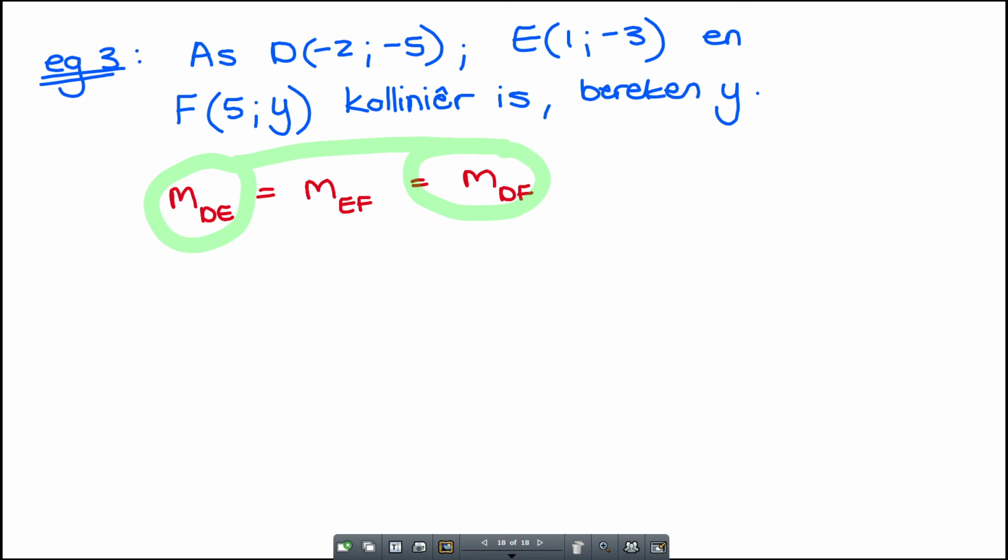So, work out the gradient of each, and then we make them equal, né? Julle reg? Okay, go. If I were you, I would use those two.